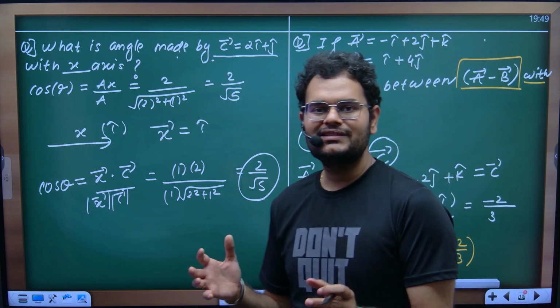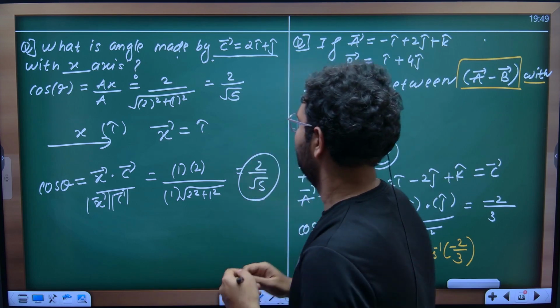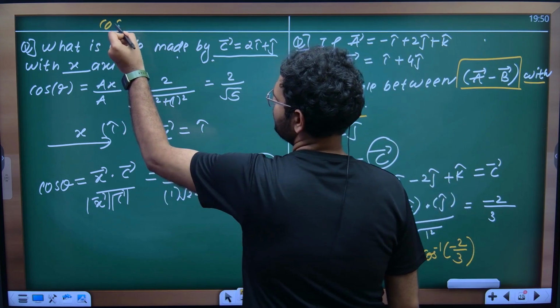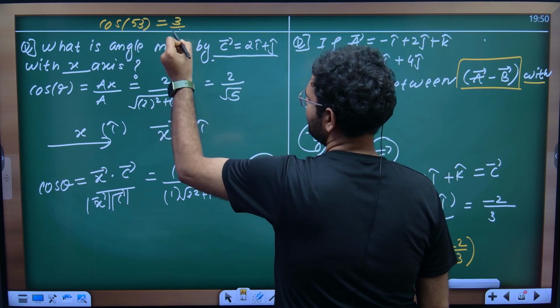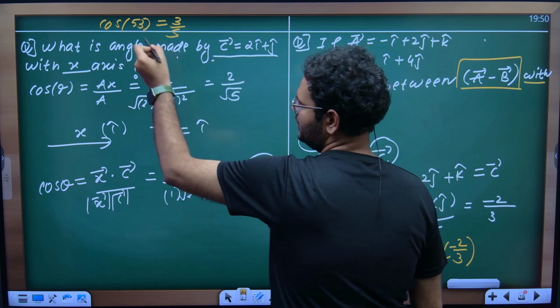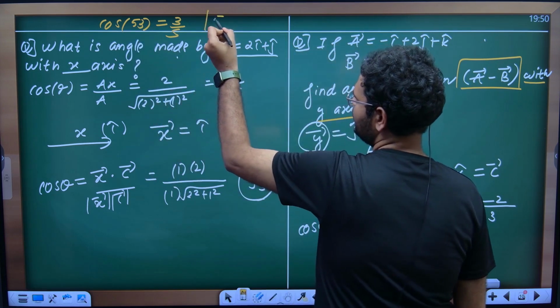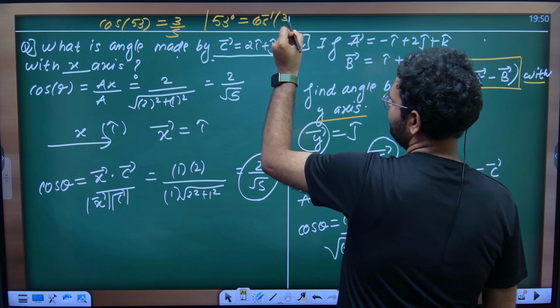Sir, what is this inverse? Inverse means I want to find the angle. Two things are there. If I write the trigonometric ratio of cos, say cos 53 is 3 by 5, it gives me the trigonometric value. But if I want to write the angle, that means 53 degrees, how will I write? Cos inverse of 3 by 5.